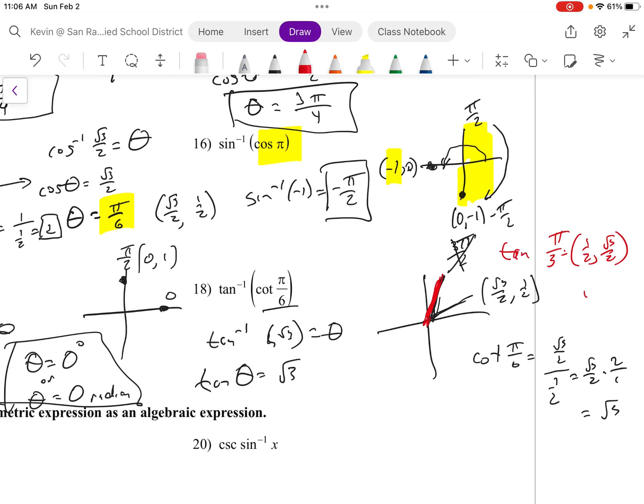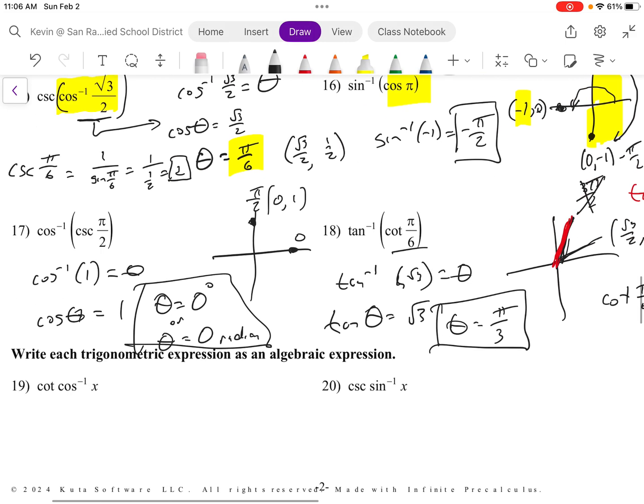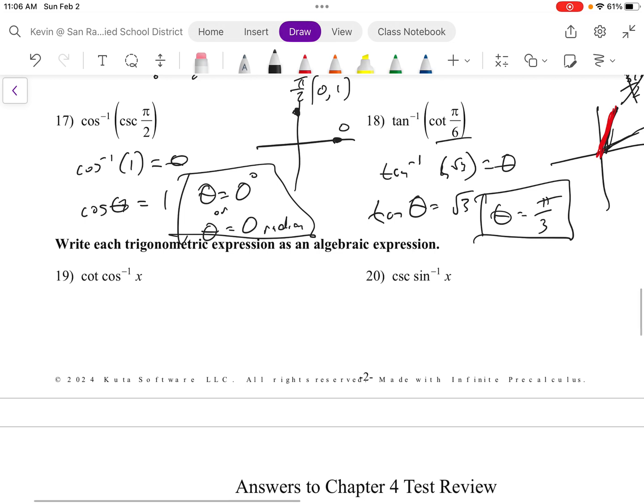If we took the tangent of that, tangent is opposite, or y, root 3 over 2 divided by 1/2, so that equals root 3. So in this case, theta equals pi over 3 would be our answer. So you've got to know your unit circle.